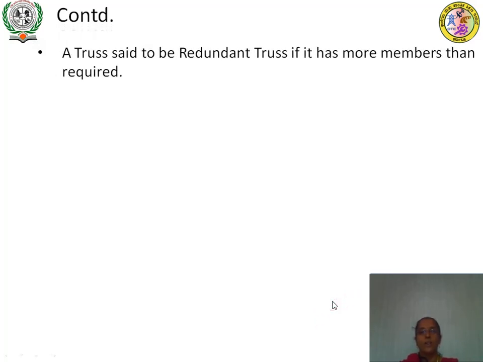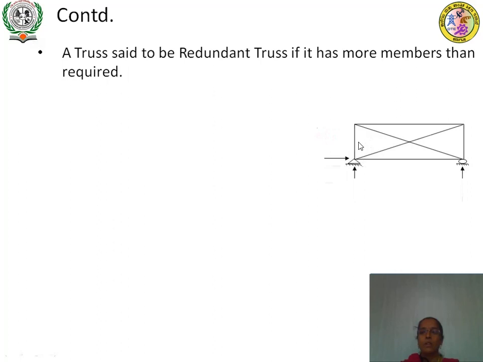Next we'll move to the redundant truss. A truss is said to be redundant if it has more members than required. Let us take the same example, wherein we have got two cross members. The requirement is 2j minus 3, and now we will count the number of provided members. Here this is not a joint, only the members are crossing each other.